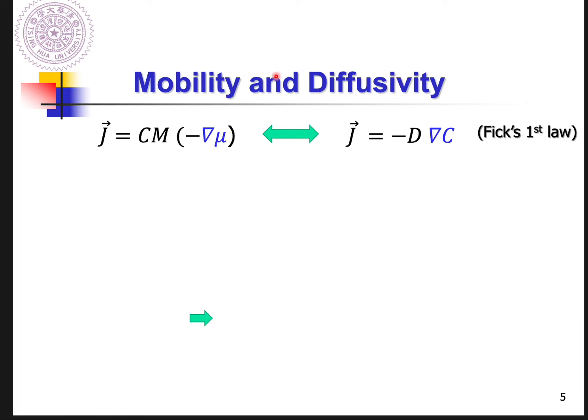We are using this slide to demonstrate the relationship between the mobility and diffusivity, because both can be indicators of how fast the atoms move through your materials. Based on Fick's first law, the atomic flux can be expressed as negative diffusivity times the concentration gradient, or as concentration times mobility times the driving force.